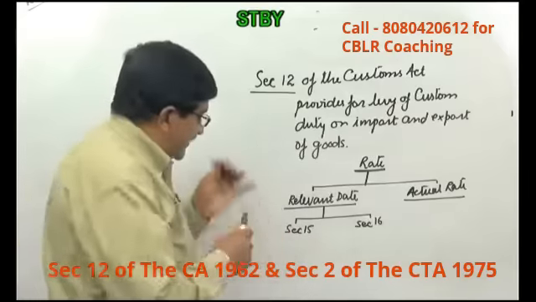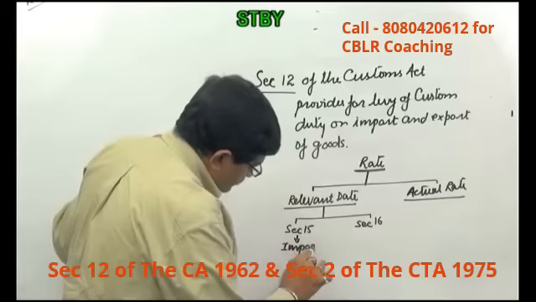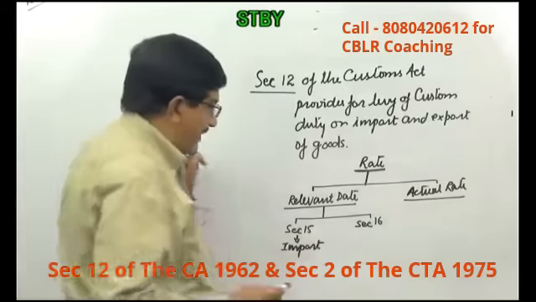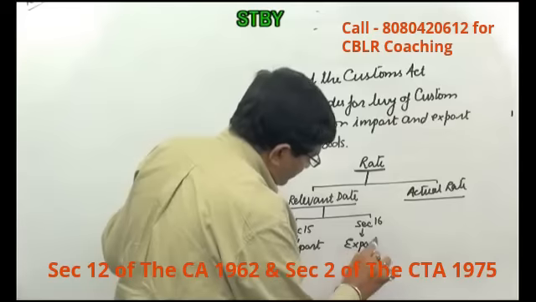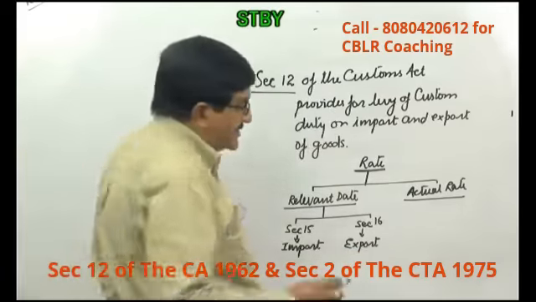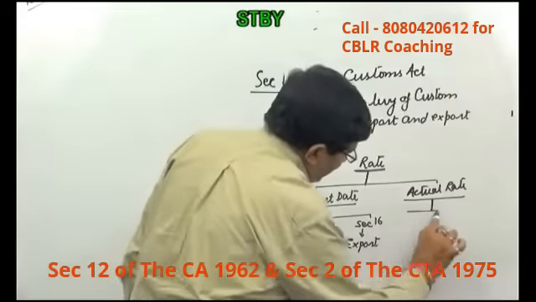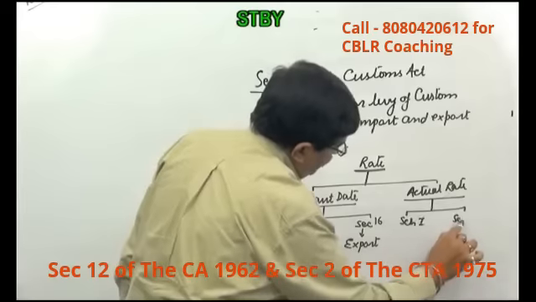Okay. So section 15 provides for rate of duty applicable in case of import. And this provides for rate of duty applicable in case of export. Right? And rates are given. Actual rates are available under Schedule 1 and Schedule 2.